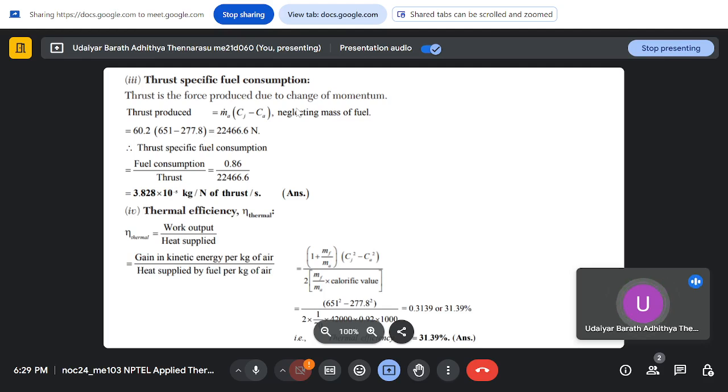So next we need to find out the thermal efficiency. Thermal efficiency is nothing but work output divided by heat supplied. So thermal efficiency will become my gain in kinetic energy per kg of air divided by heat supplied by fuel per kg of air.